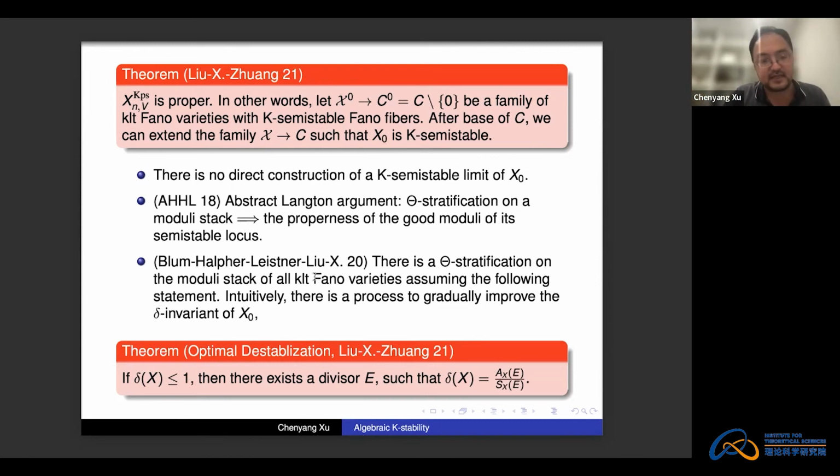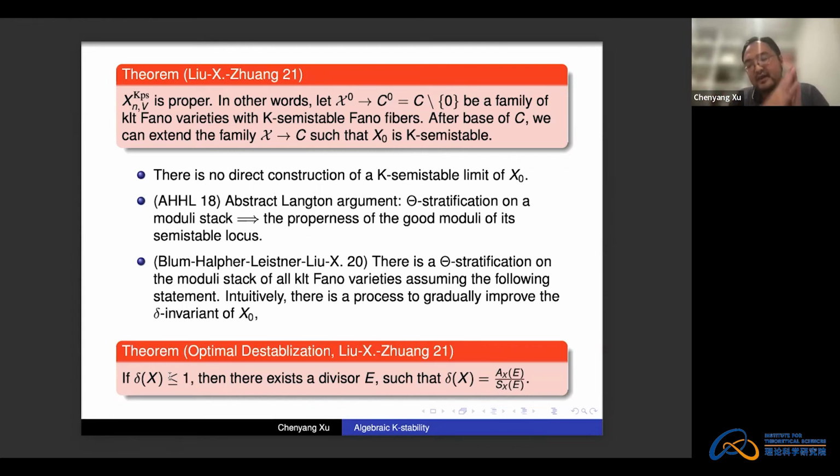So here we do the same thing. That was what Blum, Halpern-Leistner, Liu, and myself proved. Here we prove that, assuming the optimal degeneration theorem, which I wrote here, for any Fano variety we can define some invariant. Roughly speaking, that's the delta invariant, which I defined at the beginning. Remember, delta larger or equal to 1 is equivalent to saying this is K-semistable.